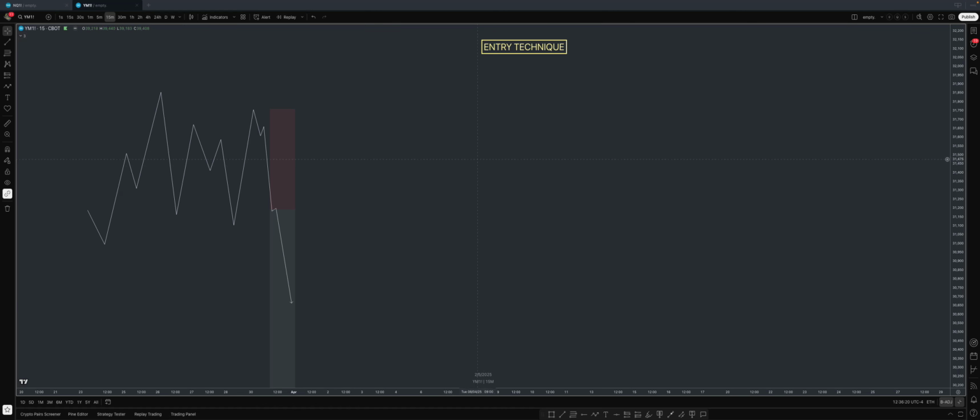The next one could be an old high slash old low. That's essentially where we have, let's say, a low that was engineered. We then take out that low, run back up, and then run back down and swoop below that old low. That can be an entry technique, and then we expect a move higher.